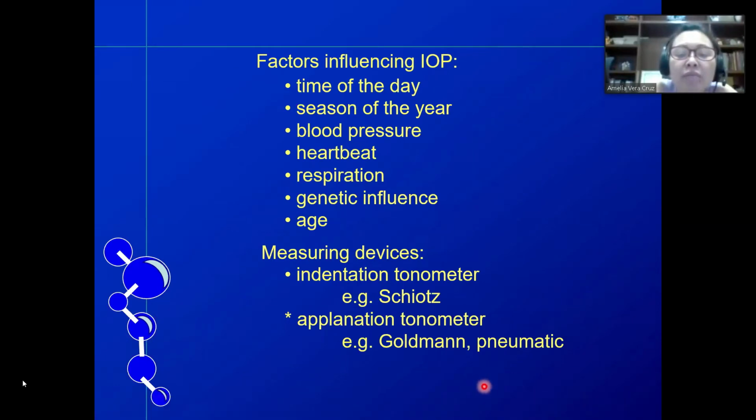However, because of AIDS and the COVID now, we do non-contact already. The non-contact tonometers, the pneumatic, the air puff tonometers na lang tayo ngayon. But still, the most reliable talaga is Goldman pa rin. Goldman tonometers.